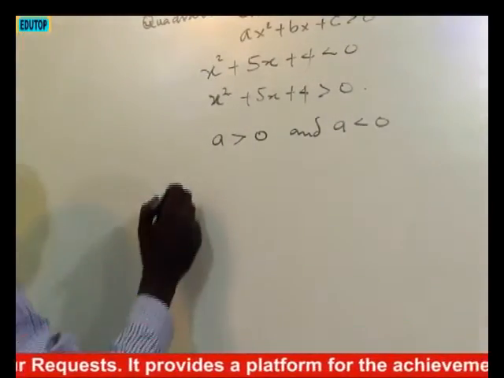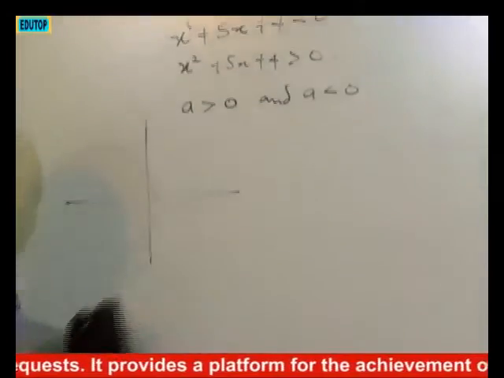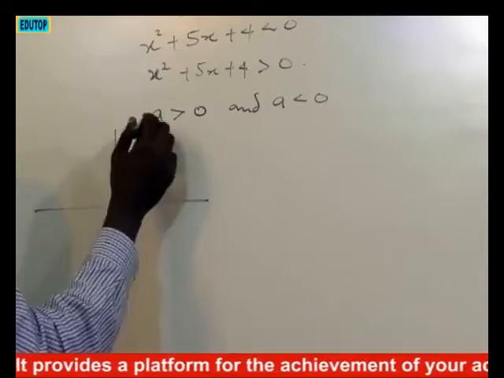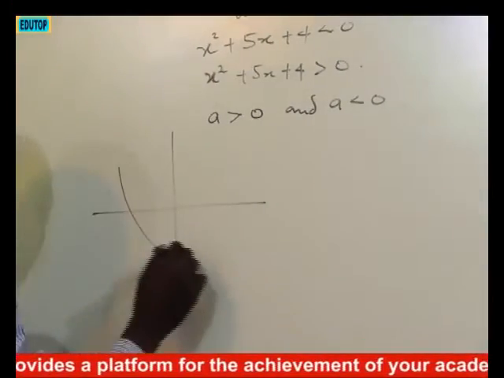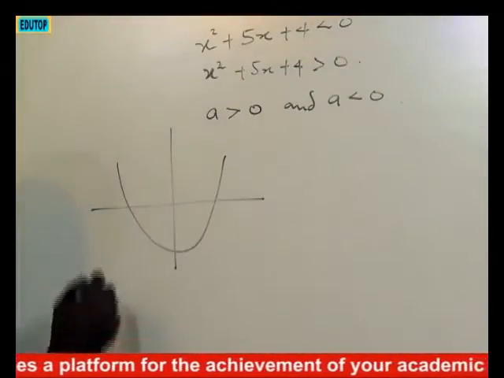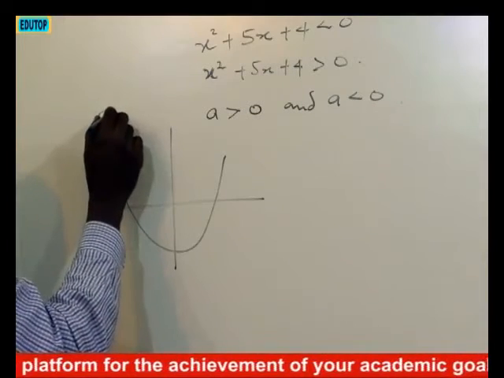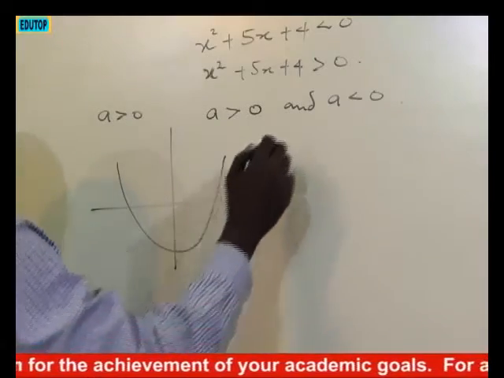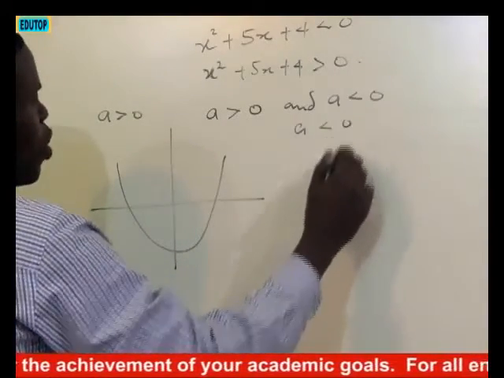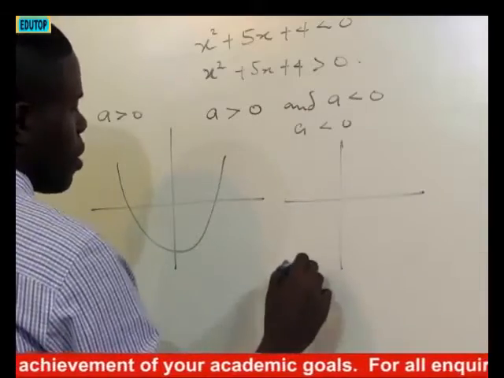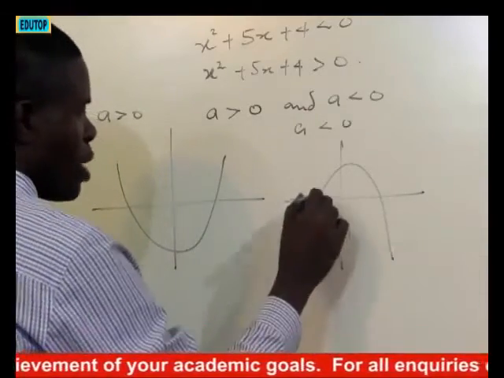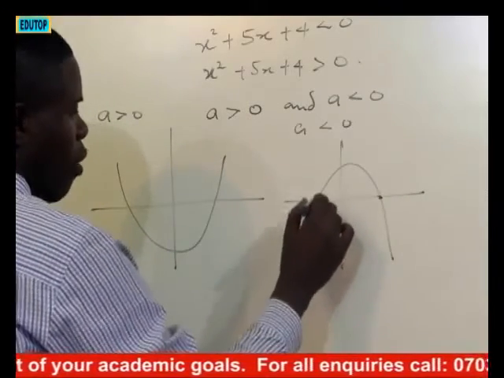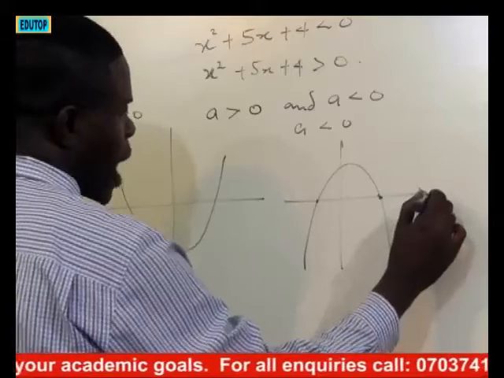If our a is greater than 0, we have a minimum curve of this kind. Then when we have our a less than 0, we have a maximum curve to come this way, where these are the 2 points where the curve cuts the x-axis.